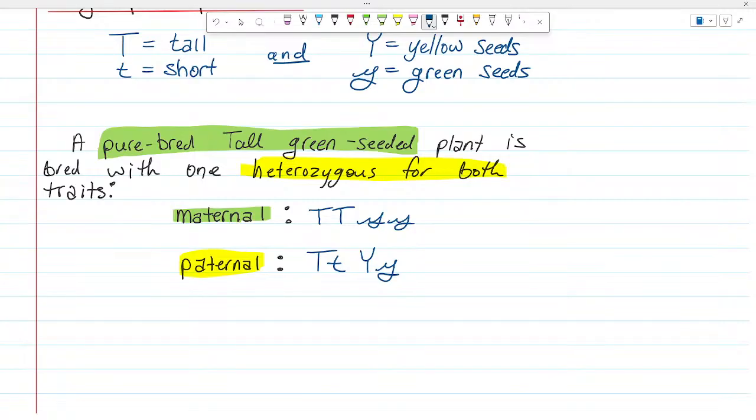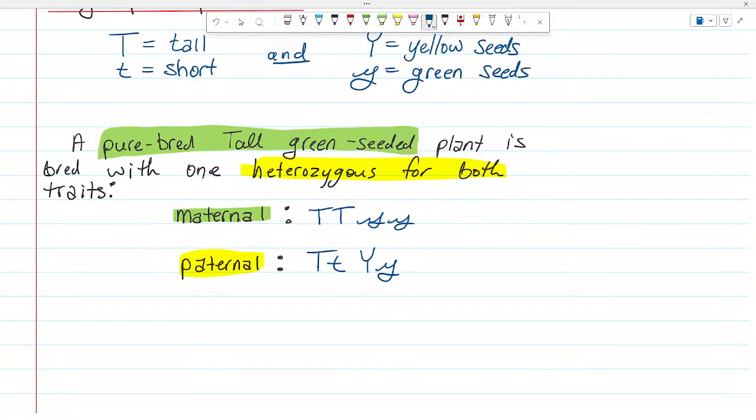So let's take a minute and ask, how many ways can we make sex cells from this? Because remember, with sex cells, you either get the big T or you get the little t, but you also either get the big Y or you get the little y. So altogether, how many combinations are there?